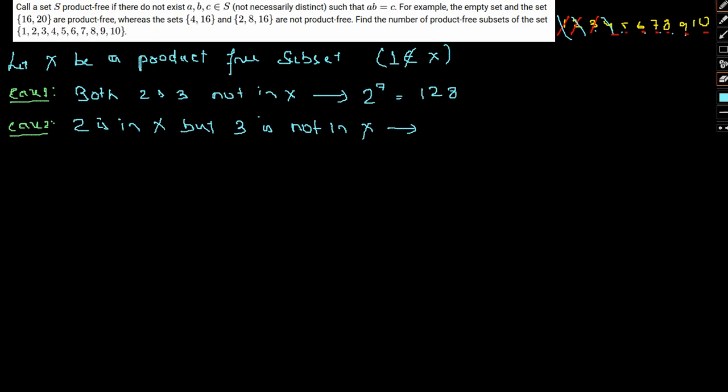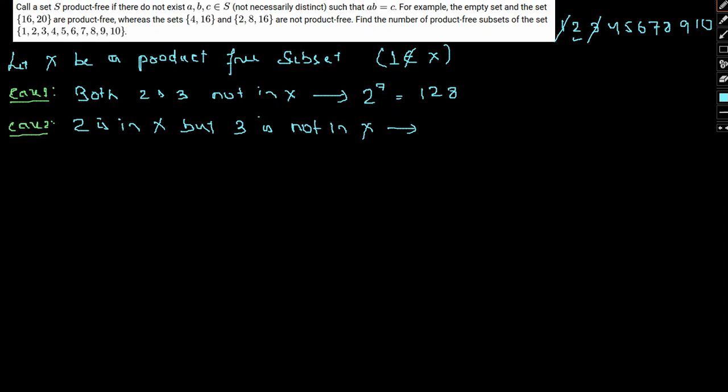Okay, sorry, my bad. 2 is in the set, right? 2 is in the set. Among 1, 2, 3, 4, 5, 6, 7, 8, 9, 10, 3 is not in X, so 3 is gone, 1 is gone. Okay, so 2 is here.